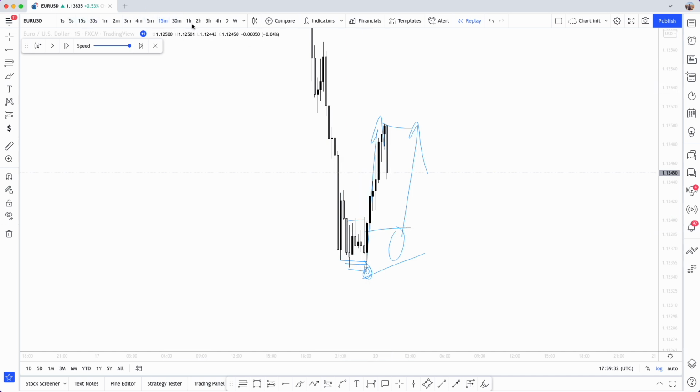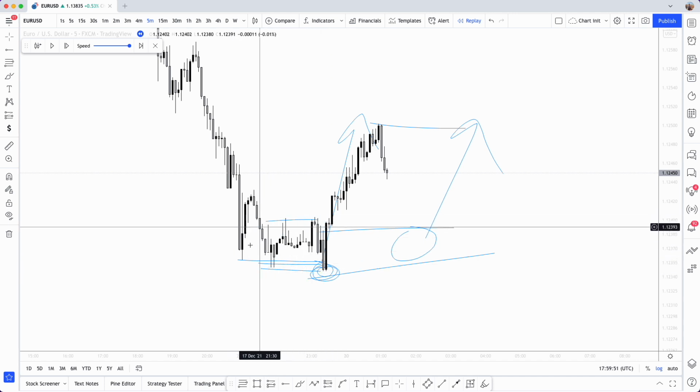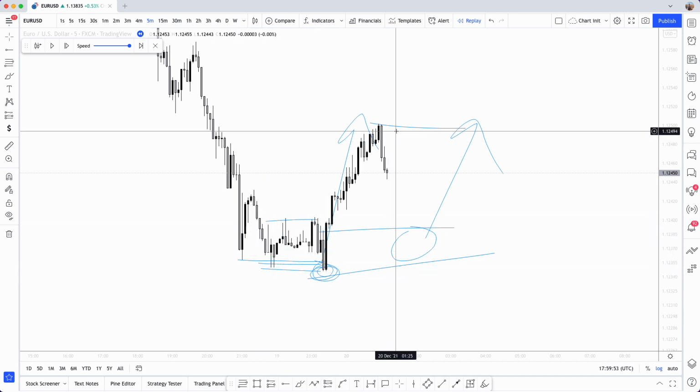As long as you can identify that this is a sideways range, we know that there's some sort of institutional play going on here. We can see this huge wick before this impulsive move. We know there's a lower time frame play going on here, and what we can see is our range, liquidity grab, breaker structure.